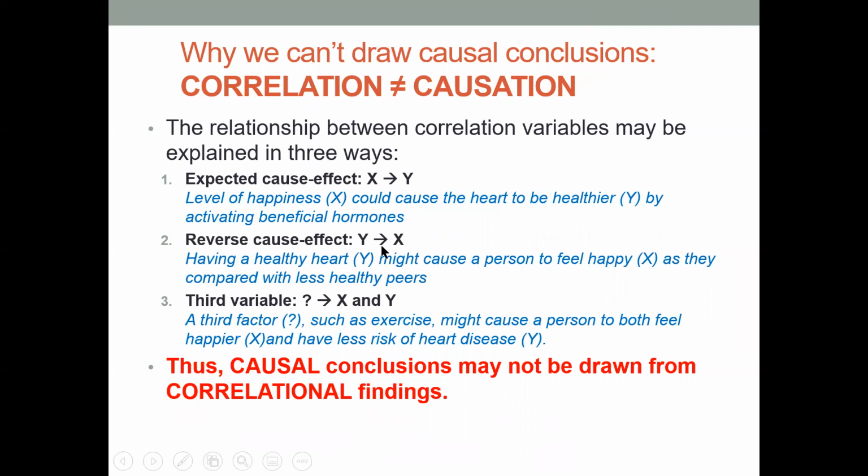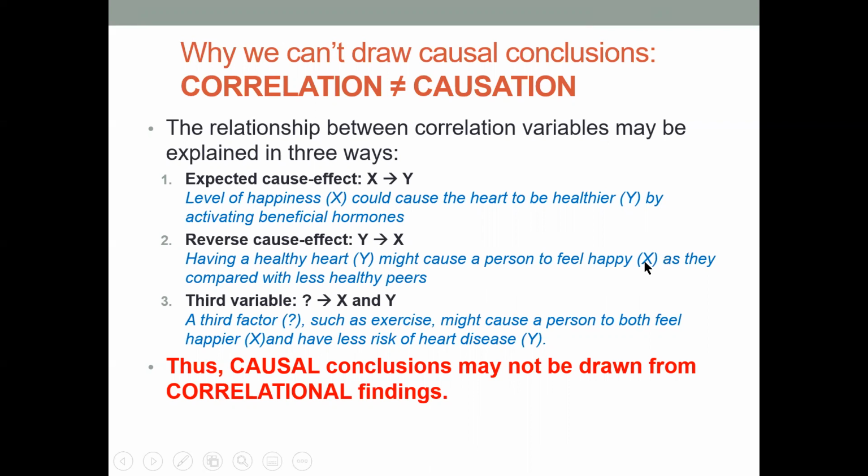But we don't know for sure without further study, because the reverse might be true, or we could have a reverse cause-effect phenomenon going on. Y could lead to X. So applied to this example, having a healthy heart, factor Y, might cause people to feel happy, factor X. How could this happen?